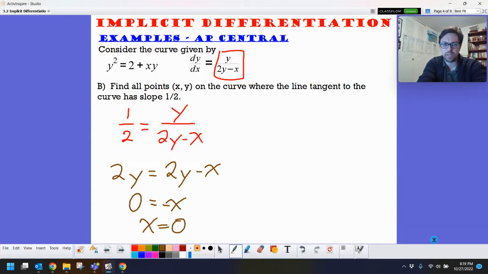So it seems that the only point where the slope of the curve is 1/2 is when x equals 0. But they want a coordinate point, x, y. So we want to plug that x into our original function, because we want to know where it is on the original, not what's going on with its slope. So we're going to put that 0 in for x in our function.